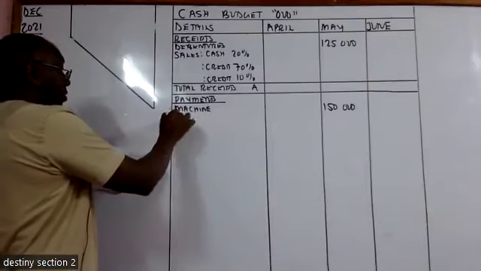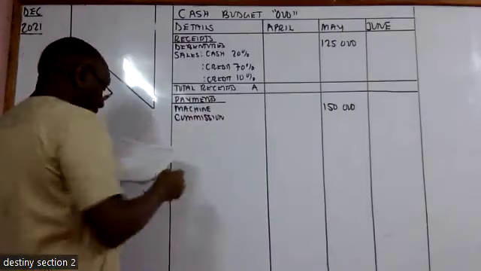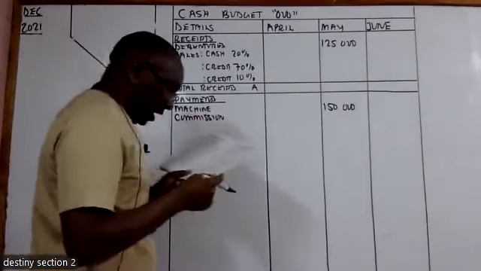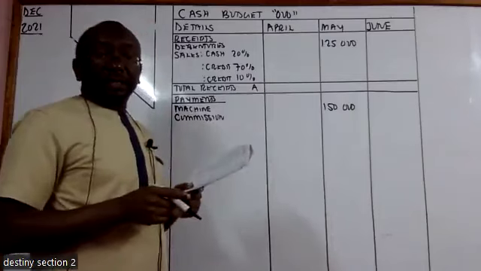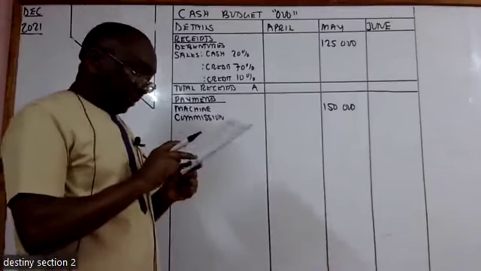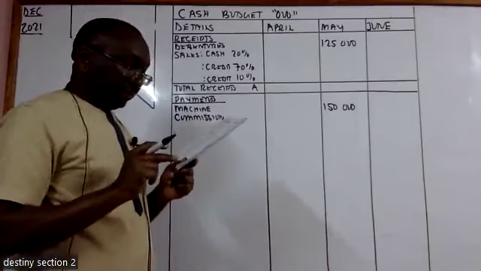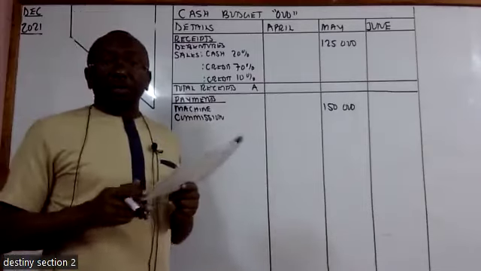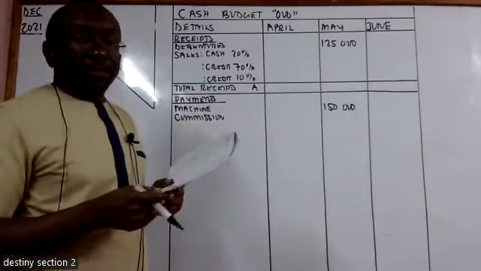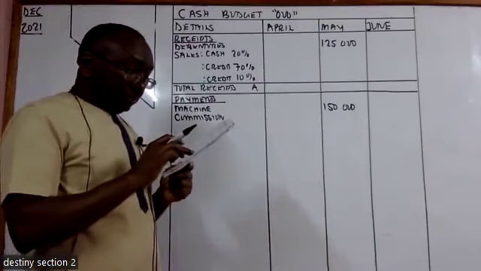Let's find the commission. We are told 3% is payable after 1 month of sale. So when we are in April, we are paying commission for March.